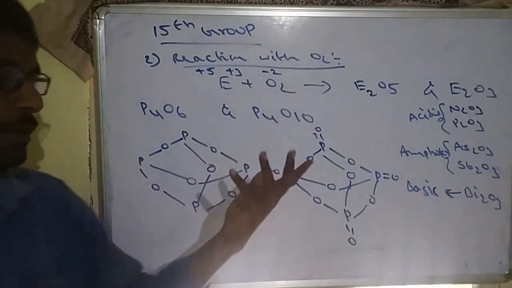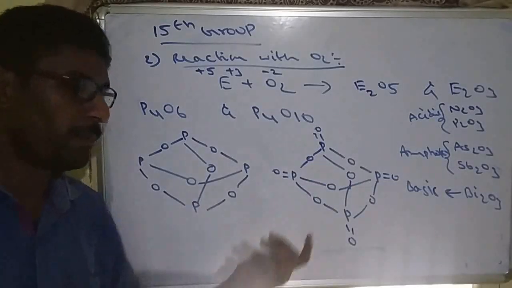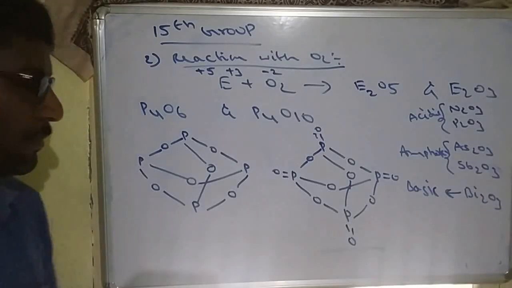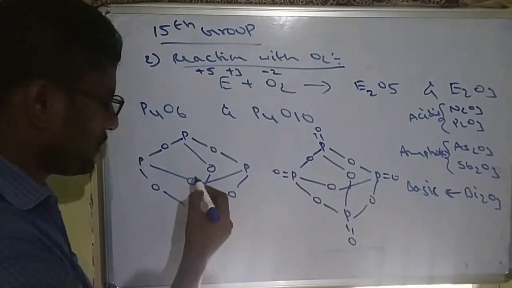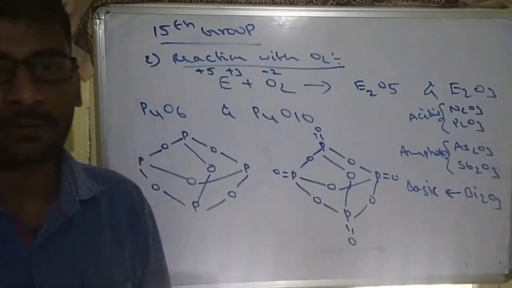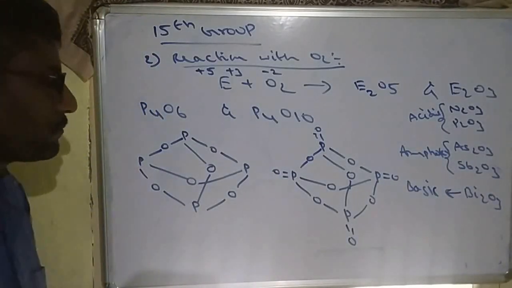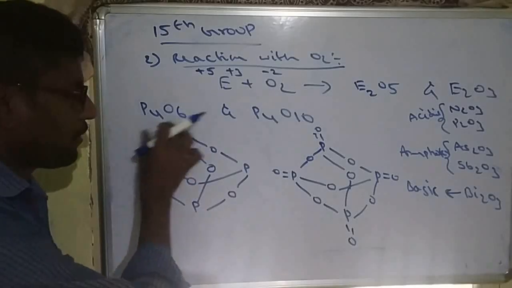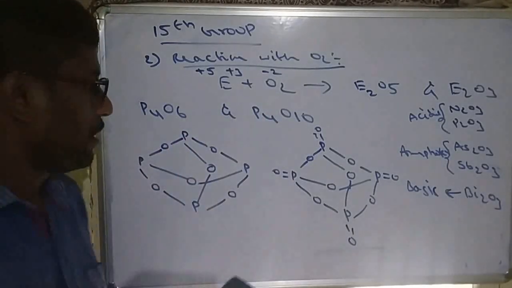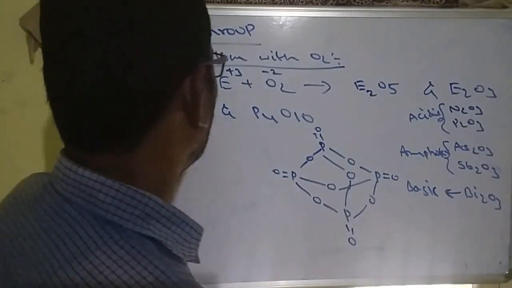So sometimes they will ask how many sigma bonds and how many pi bonds are present. So you have to count the number of sigma bonds and pi bonds. How do you know? If a single bond is there, that is a sigma bond. If a double bond is there, it is one sigma and one pi bond. So don't forget it. These two are the structures of P4O6 and P4O10. So practice these structures. So that is reaction with oxygen.